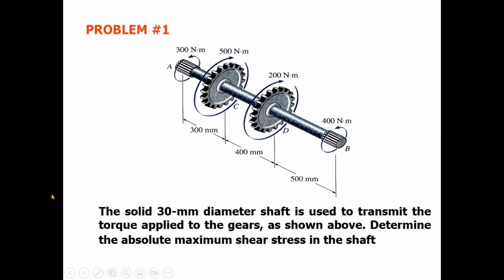We have positions A, B, C, and D. The length between A and C is 300, C and D is 400, and D and B is 500. The torques applied are 300 anti-clockwise, 500 clockwise, 200 Newton meter clockwise, and 400 Newton meter anti-clockwise.